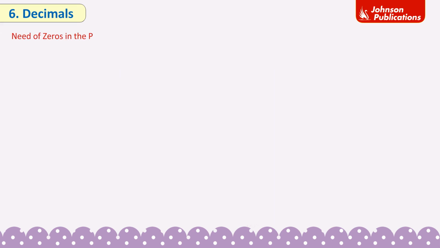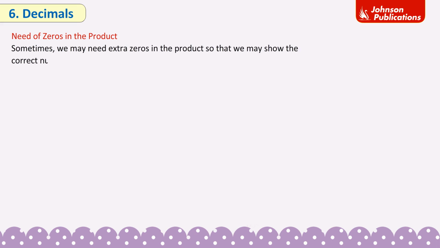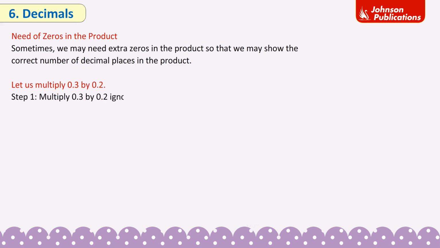Need of zeros in the product. Sometimes we may need extra zeros in the product so that we may show the correct number of decimal places in the product. Let us multiply 0.3 by 0.2. Step 1. Multiply 0.3 by 0.2 ignoring the decimals. Step 2.